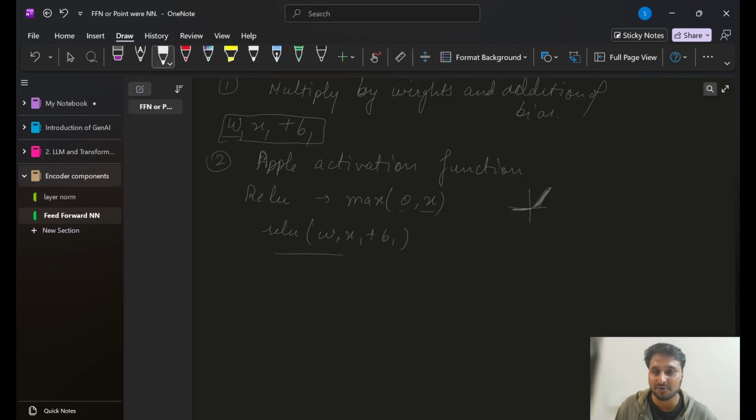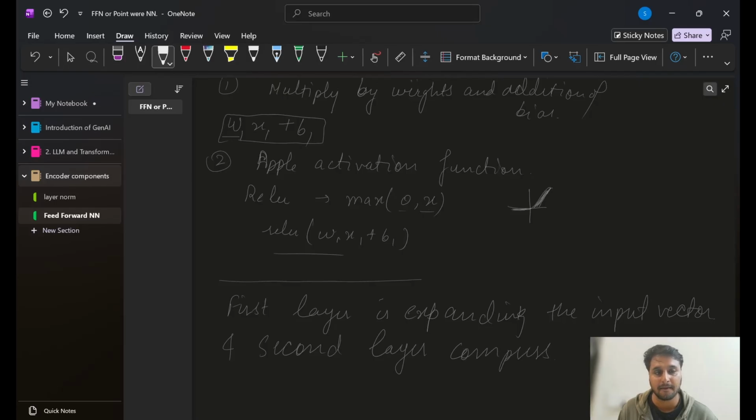We applied two linear layers, and the first layer is expanding the input vector, and the second layer compresses the output of the hidden layer.